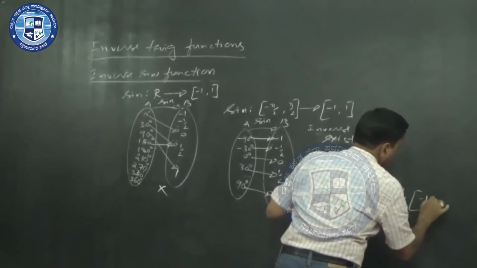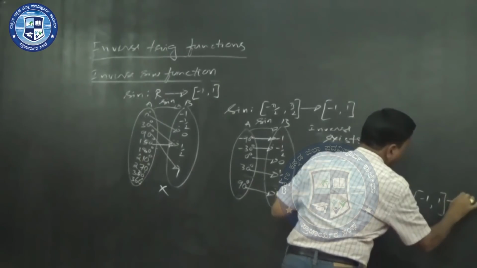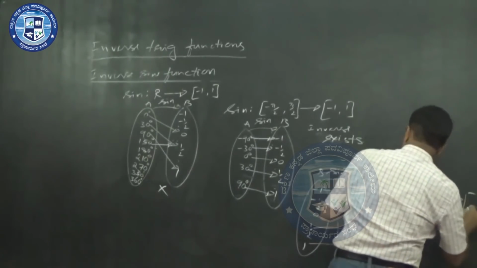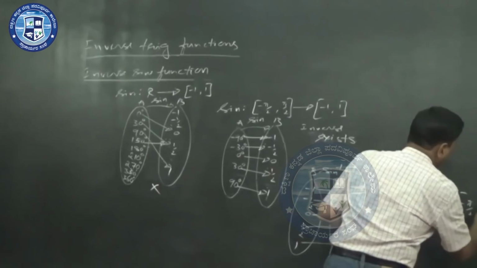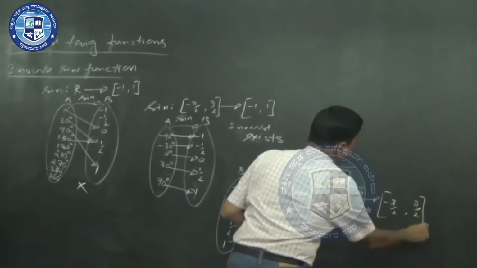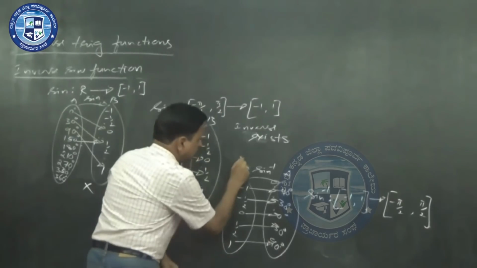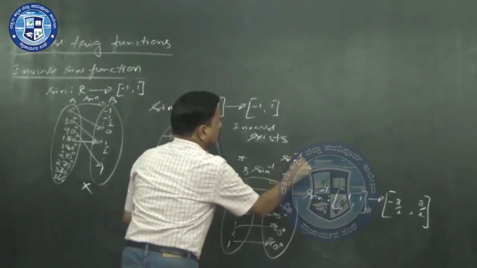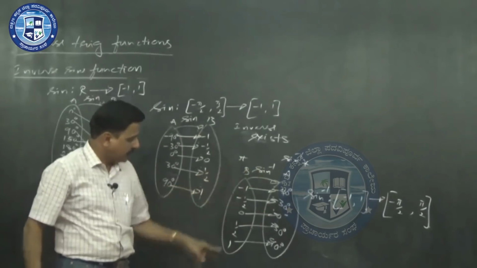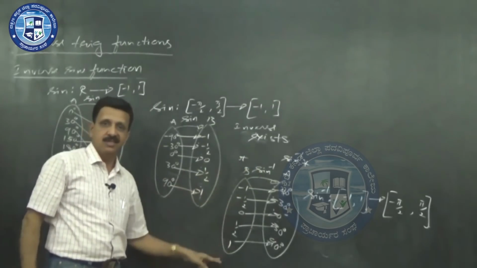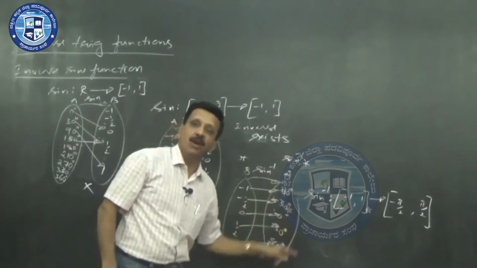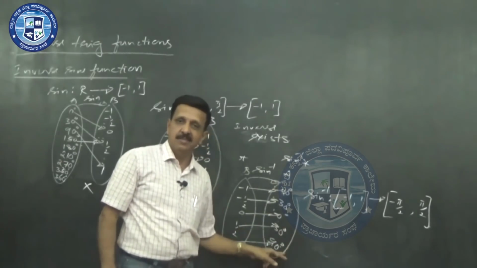It's a set which contains all the values between minus 1 and plus 1. And what is set A? This is containing angles between minus pi by 2 and plus pi by 2. Say this is x and this is sine inverse x. Note here that x is all values and sine inverse x, they are all angles.